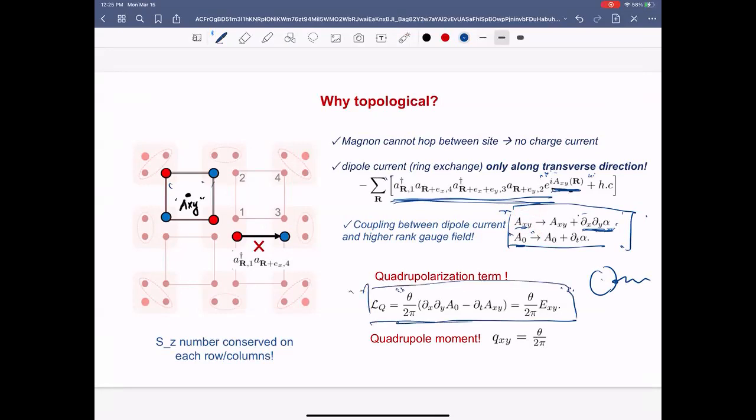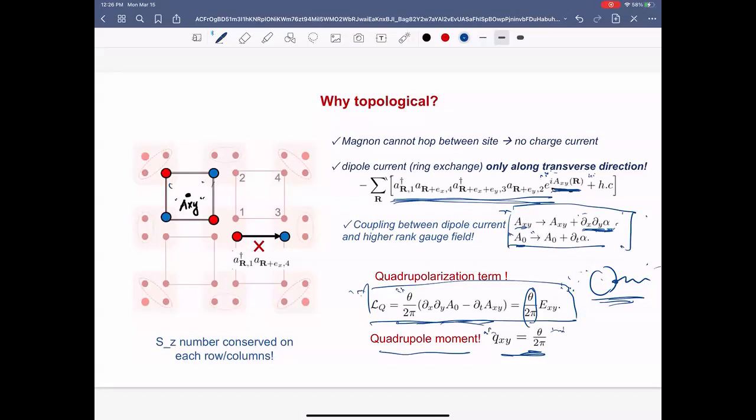That's the leading order term in the topological response, which is gauge invariant. And the coefficient in front is what I will call the quadrupole moment, which turns out to be a dimensionless constant.